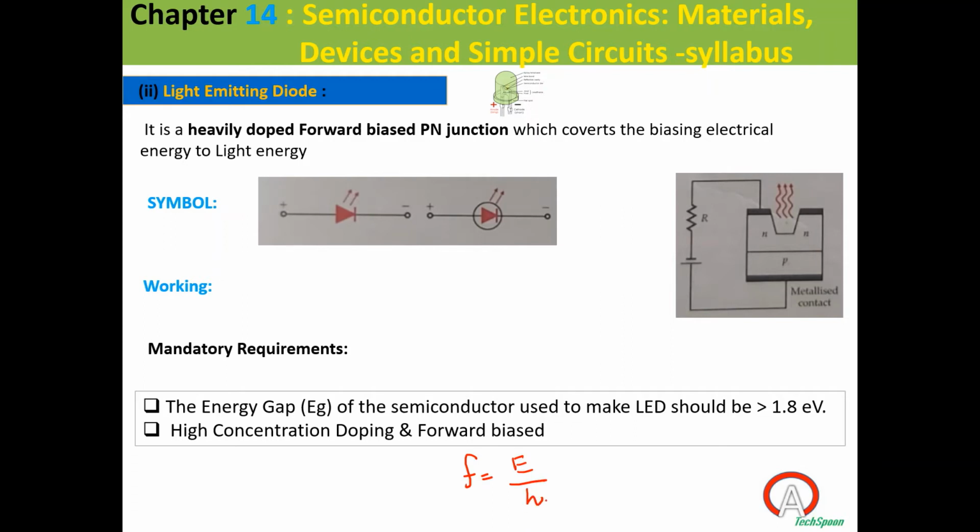H is a constant, right? So what is this frequency? Frequency of this emitting EM wave. We don't know it is light. We have to make the emitted radiation visible light, right?